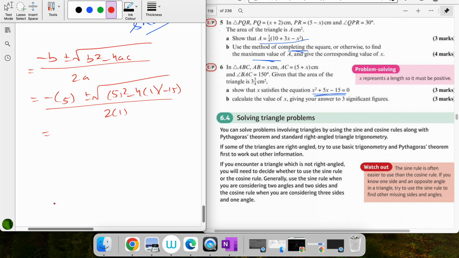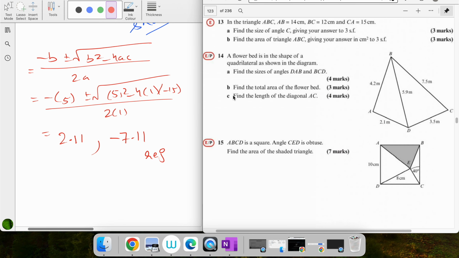Making use of calculator, first with the positive number, this is minus 5 plus square root 5 square minus 4 into 1 into minus 15, by 2. This gives me 2.11 rounded to 3 significant figures, and with the negative number this gives me a negative answer, that is minus 7.11. And calculate the value of x: this one is rejected as we know that x is length and that cannot be negative.